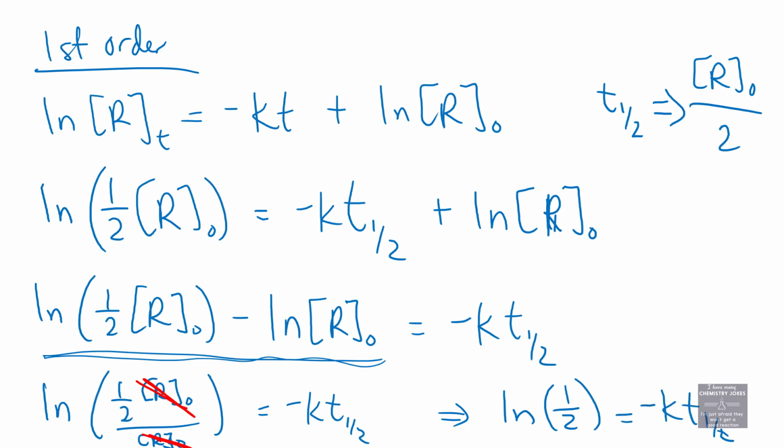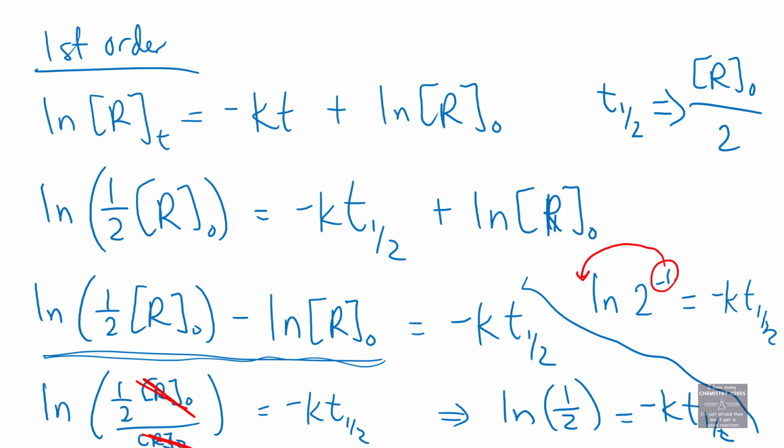And this part you might not remember, but 1/2 is the same thing as 2 to the negative 1. So ln of 2 to the negative 1 equals negative kt 1/2. And why I would do that is I can pull my negative out front.